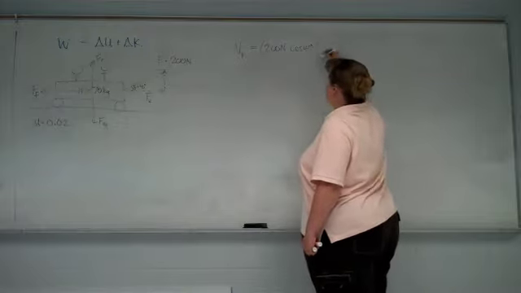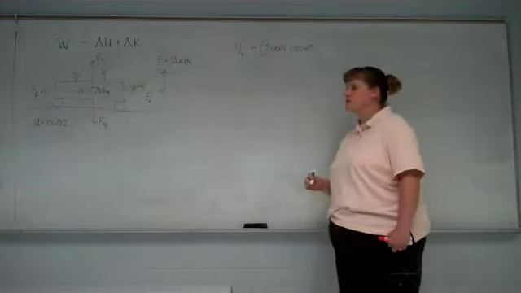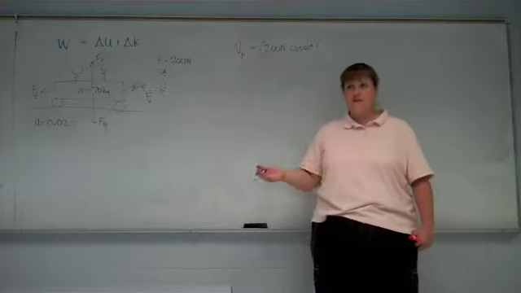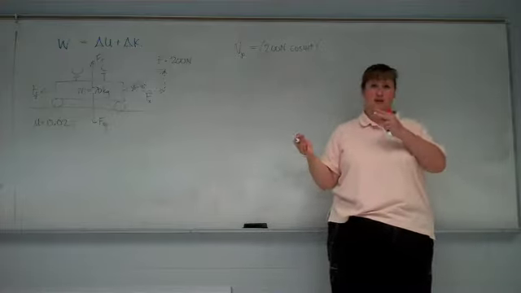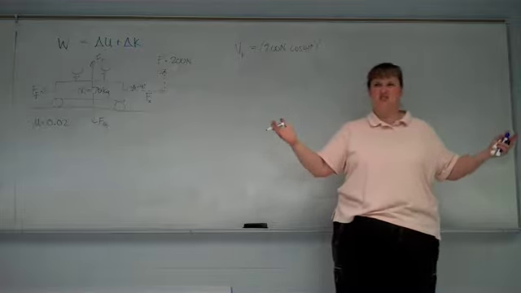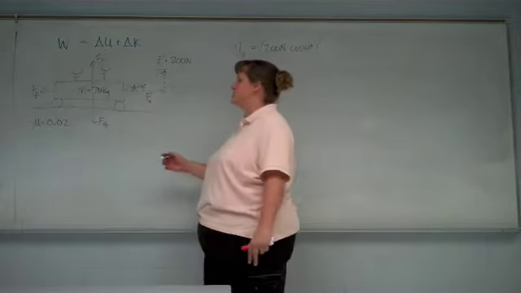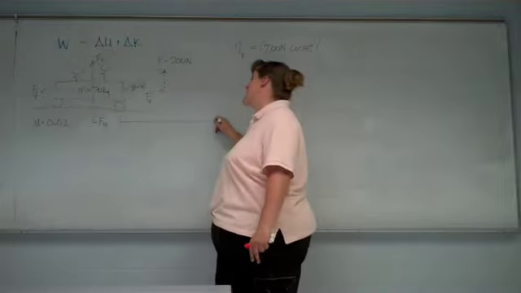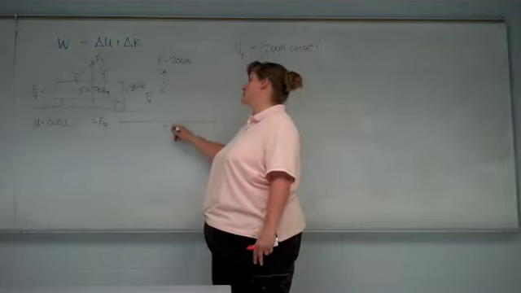And then we need to multiply it by the distance the wagon moves. So different amounts of work are going to be done depending upon how far we've moved the wagon. So we just need to decide how far we want to have moved the wagon. Let's say we've moved it 2 meters.